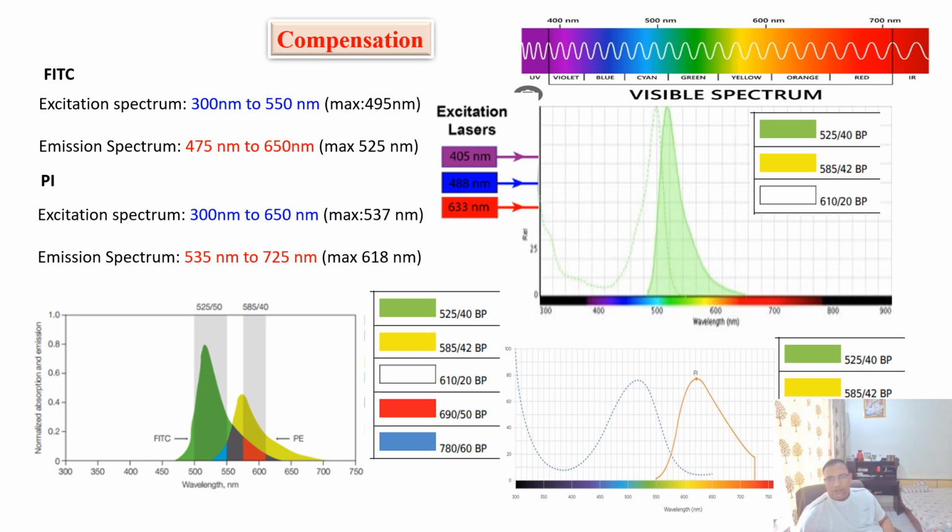Here you will see the excitation peak is around 500, and similarly for PI it is around 500. Both fluorophores will be excited by the blue laser of wavelength 488 nanometer.